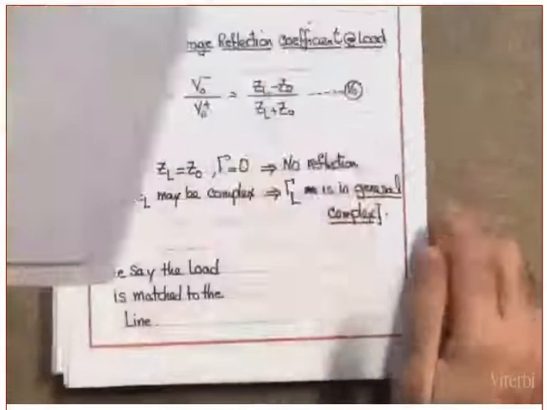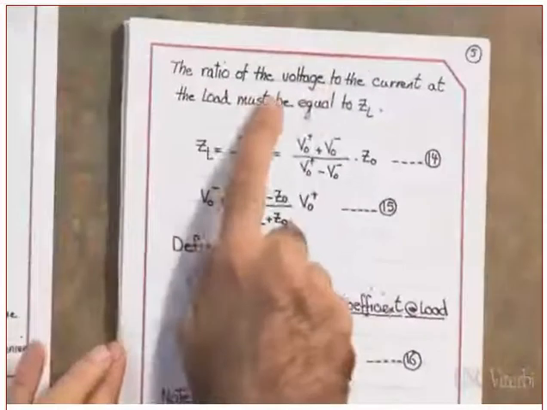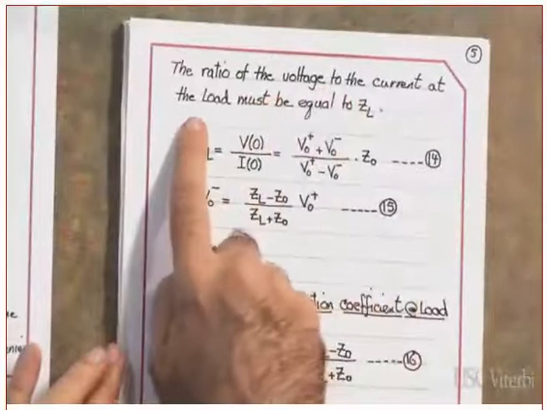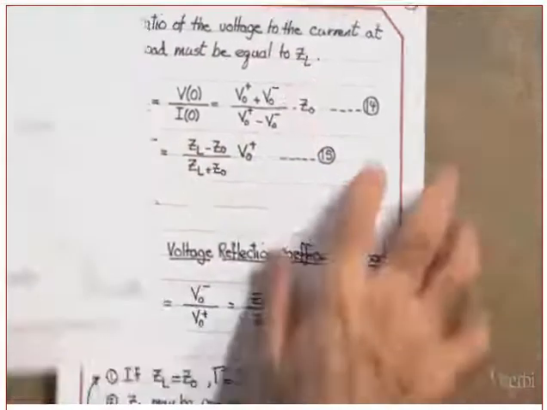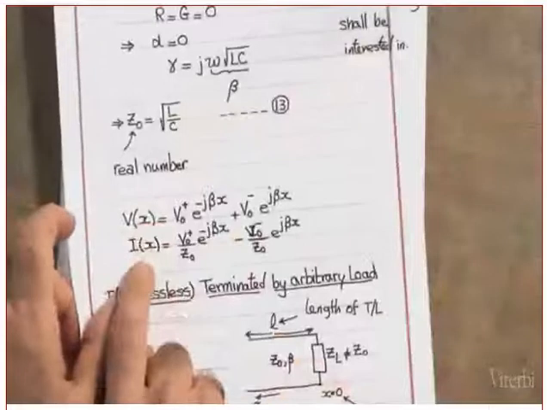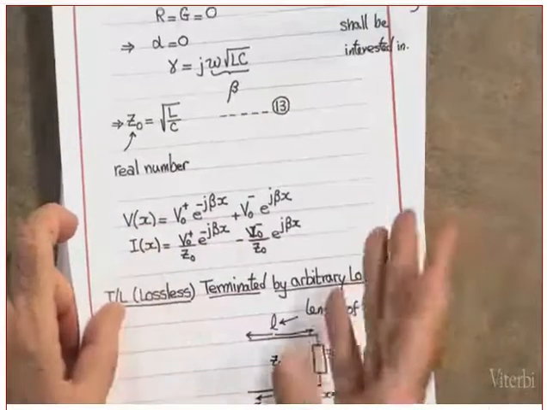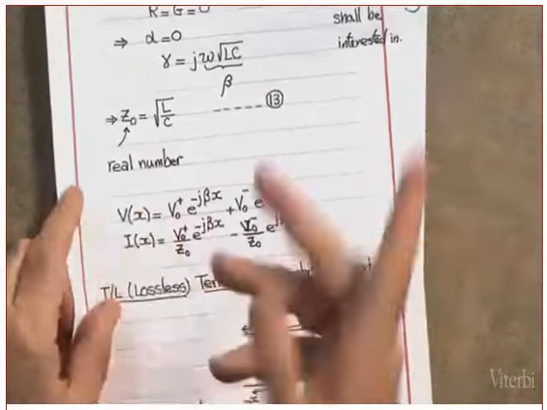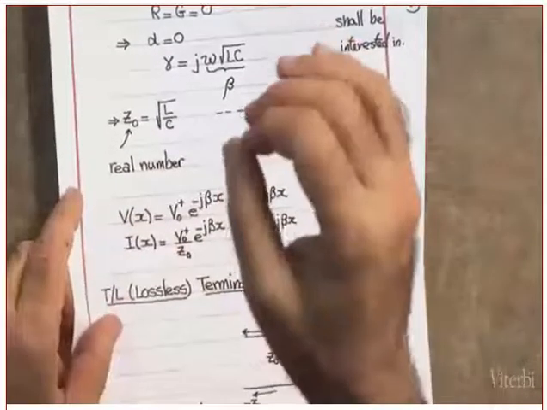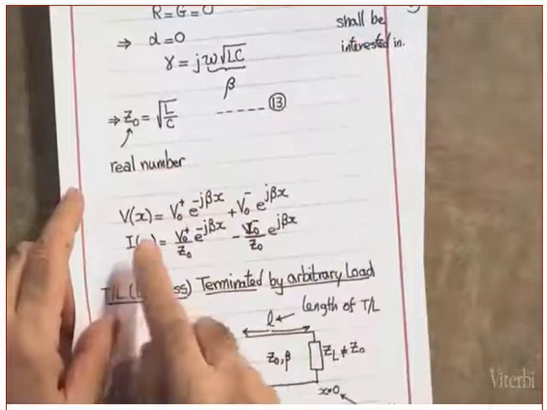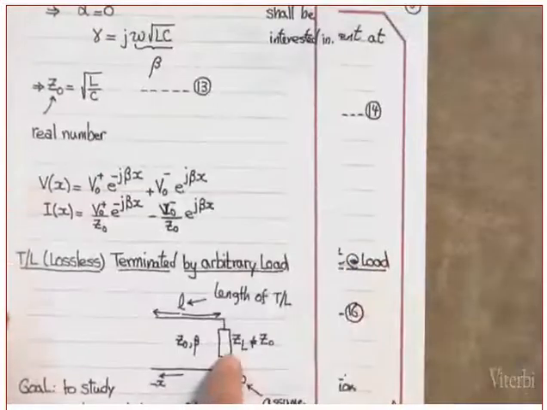Okay, good. Now, let's see if you can help me. The ratio of the voltage to the current at the load must be equal to ZL. These are the voltages at any point. In this case, x is 0. The voltage at x equal to 0, divided by the current at x equal to 0, should give the value of ZL.